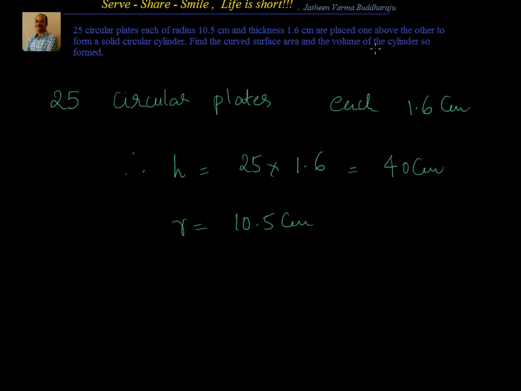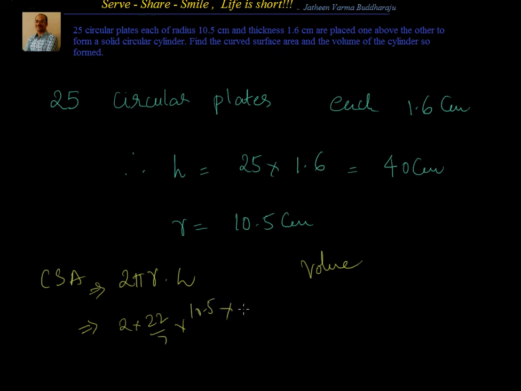Now find the curved surface area and the volume of the cylinder so formed. What is the formula for CSA? What's the formula for volume? CSA formula is 2 pi r into h. So 2 into 22 by 7 into r 10.5 into h 40.